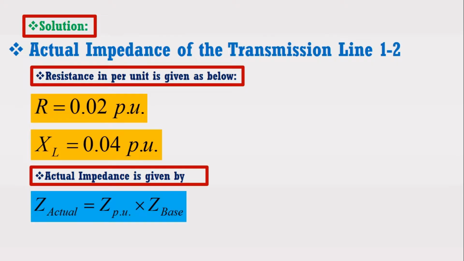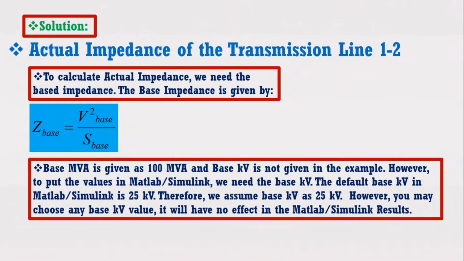We know that the actual impedance is given by Z actual is equal to Z per unit into Z base. To calculate the actual impedance, we need the base impedance. The base impedance is given by V square base upon S base. Here, base MVA is given as 100 MVA, but base kV is not given in the example.